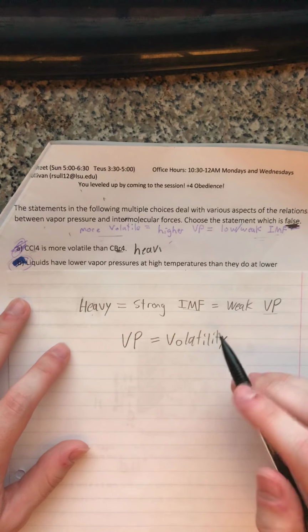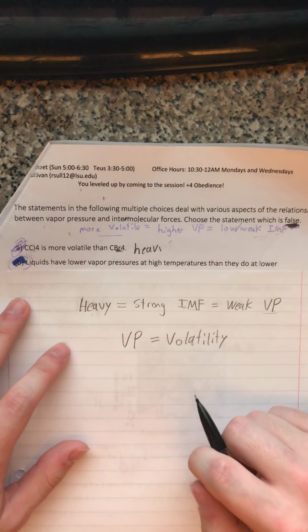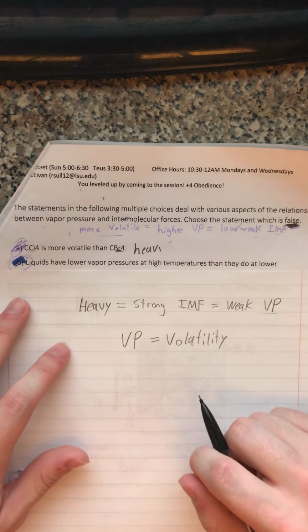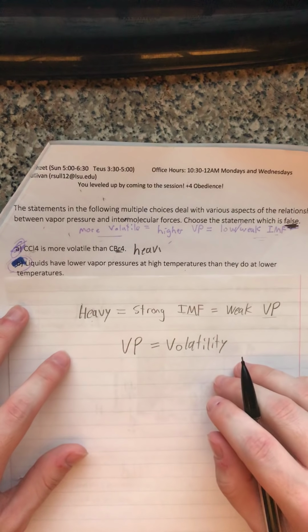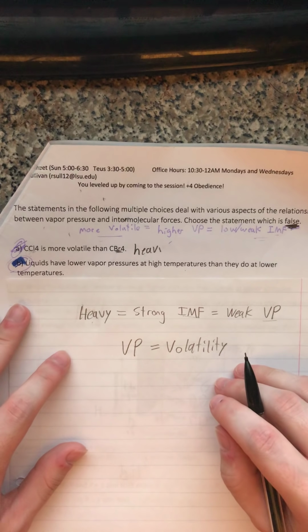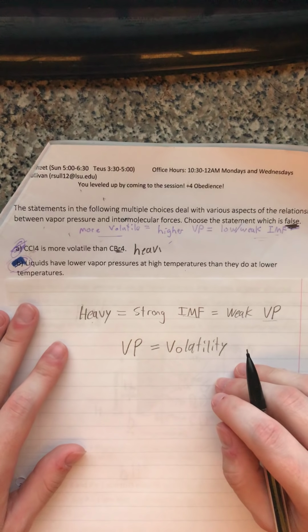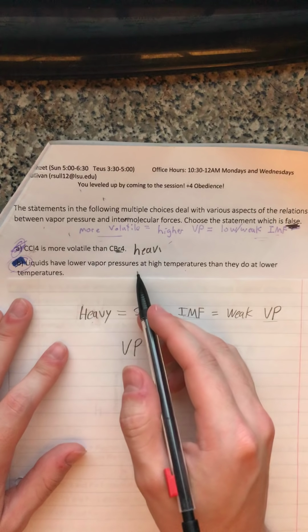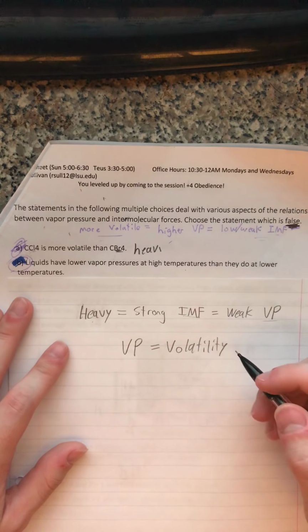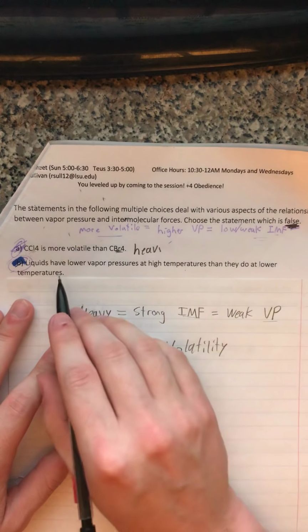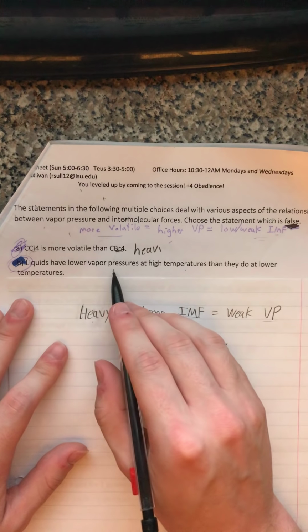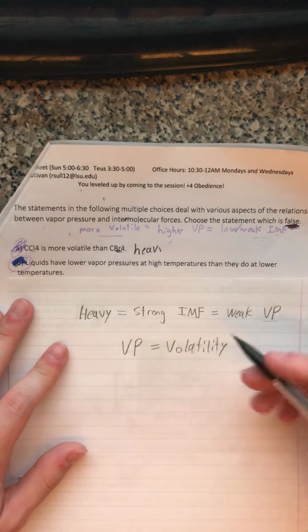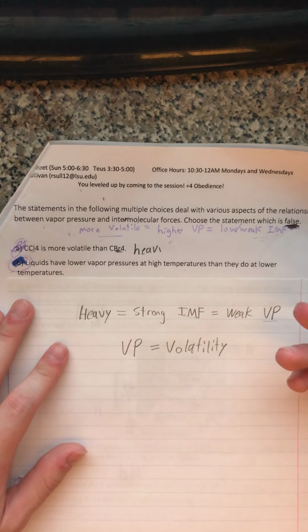So then B says that liquids have lower vapor pressures at higher temperatures than they do at lower temperatures. Okay, so whenever you see something is at low vapor pressure, that means they're saying something is not very likely to turn into a gas under whatever conditions they describe.